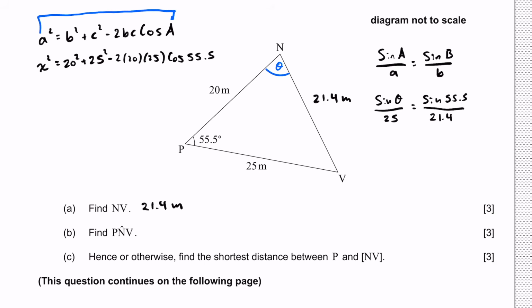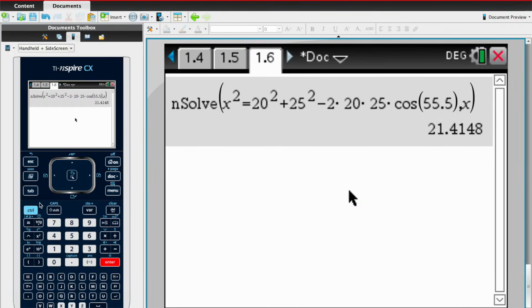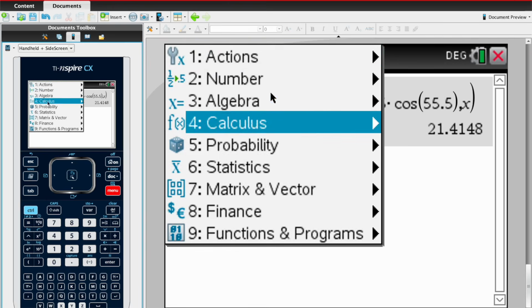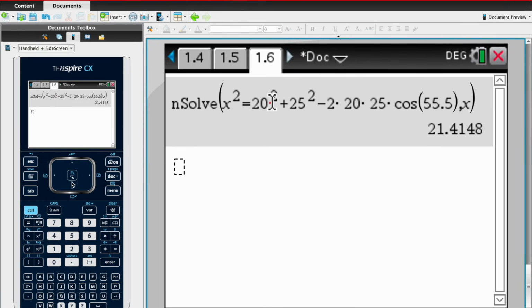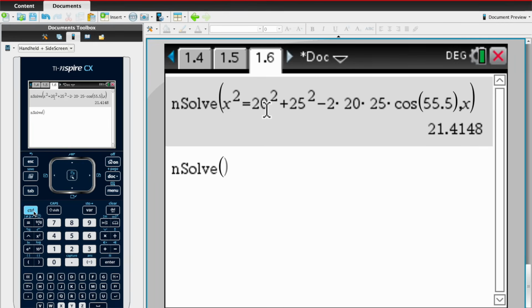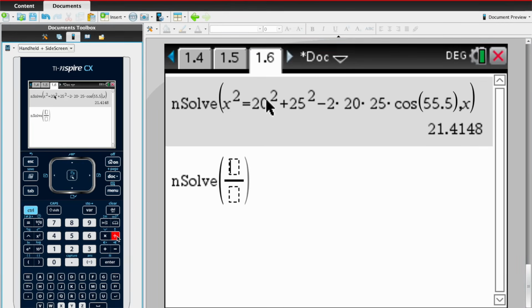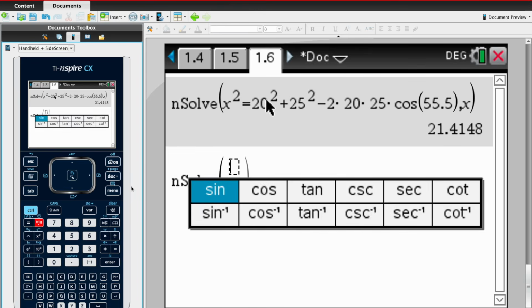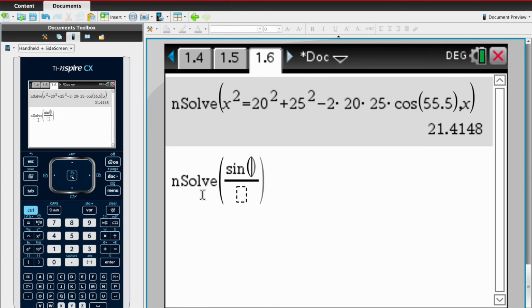Okay, let's go into the calculator and we'll nsolve this again. So, menu, algebra, numerical solve. Didn't work. Okay, set up a fraction. And we'll write sine, we'll have to call it x for now, I suppose.